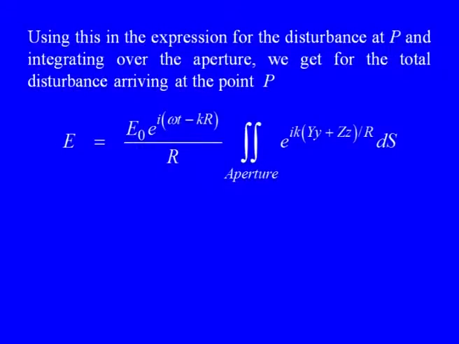The integrand is e raised to the power i k capital Y y plus capital Z z divided by R, to be integrated over the whole area of the aperture.